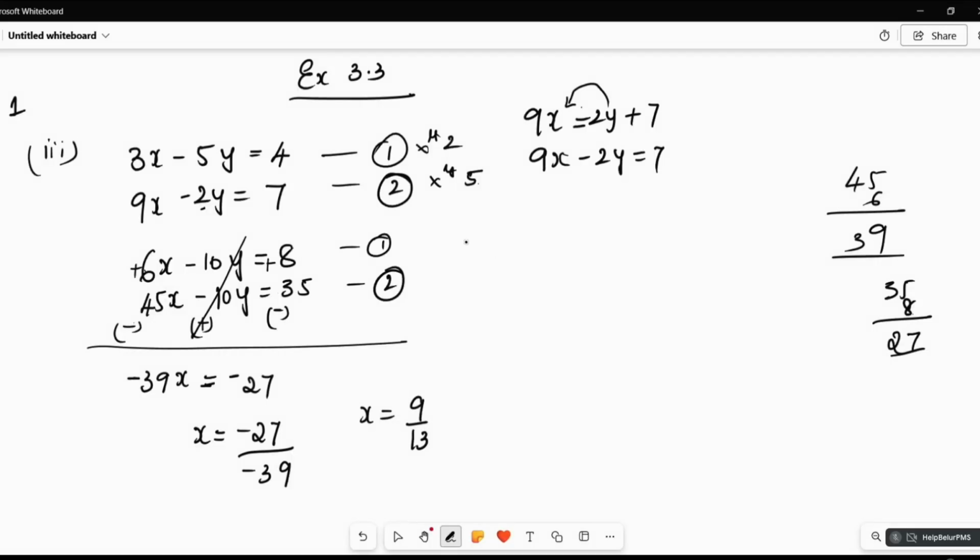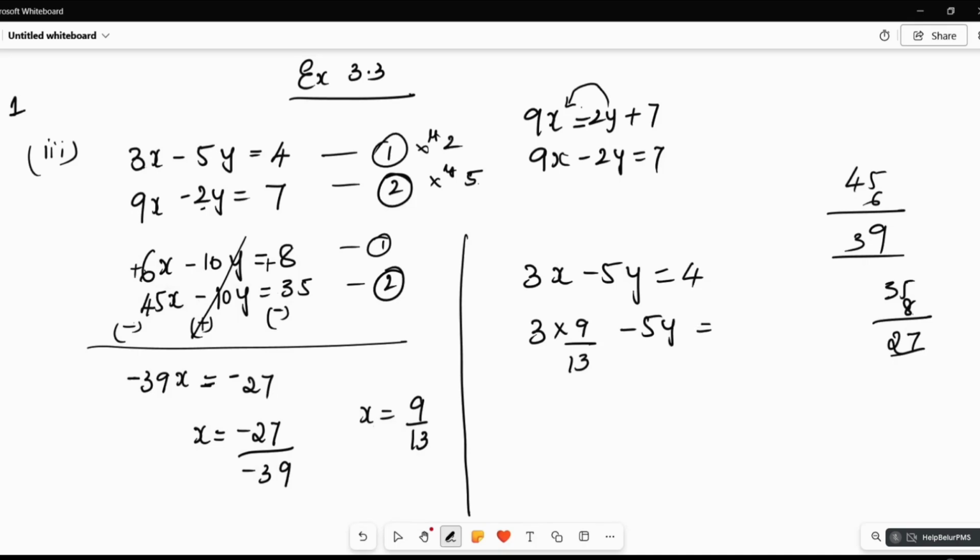Now, put the x value in any of the equations. I will take the first one itself, which is simple. So 3x minus 5y is equal to 4. Instead of x, I will put 9 by 13. 3 into 9 by 13 minus 5y is equal to 4.